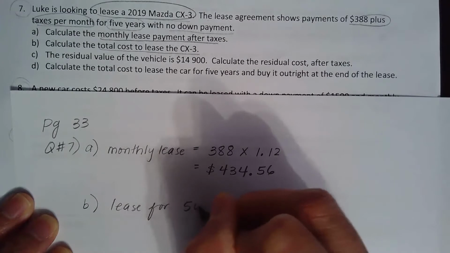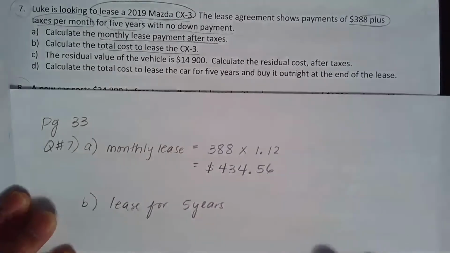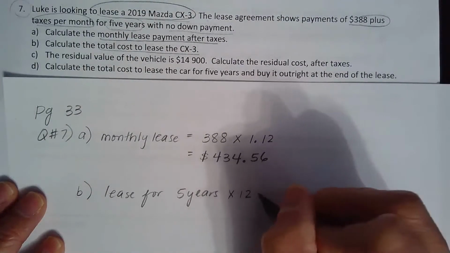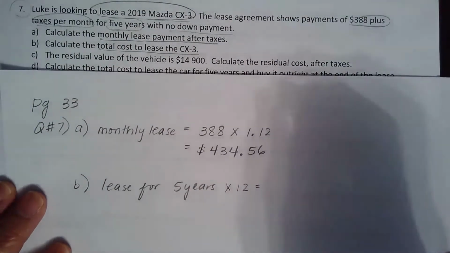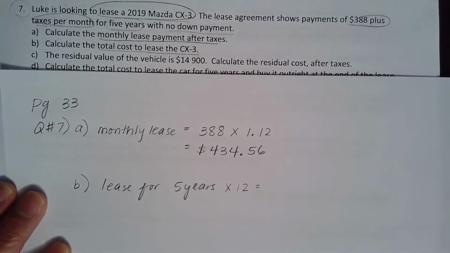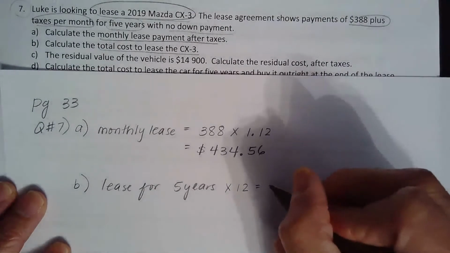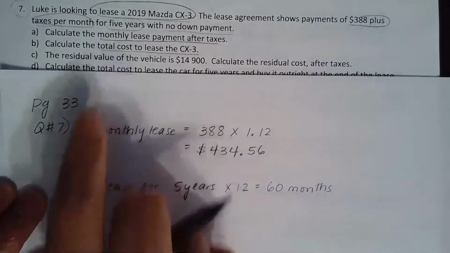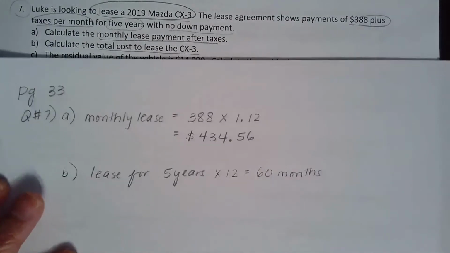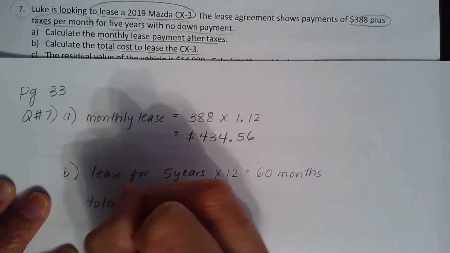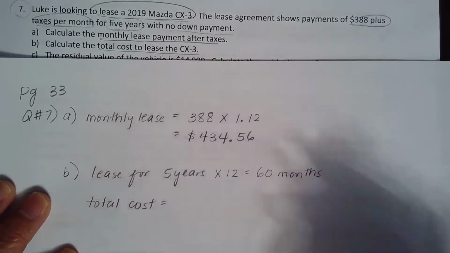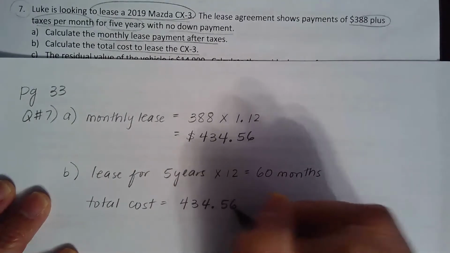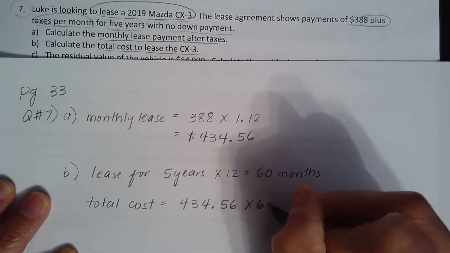Because it's 5 years, we're going to multiply by 12 months. 5 times 12 gives us 60 months. So the total cost is going to be 434.56 times 60 months.